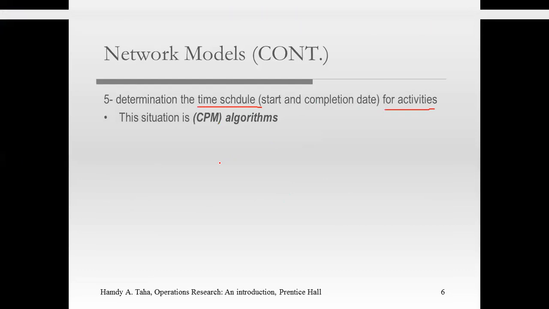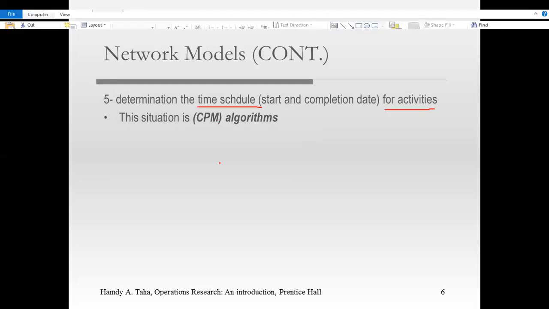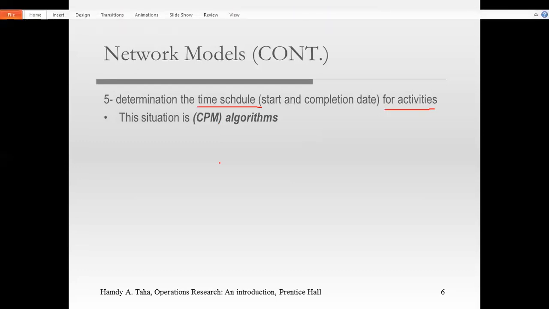So we have to know which activities are critical, meaning they influence the lead time of the project, and which activities are not critical. If an activity is critical, it means we have no idle time: we need to start on time and finish on time also. Otherwise, the lead time will be delayed or extended.